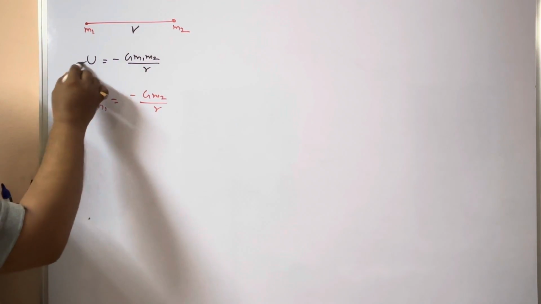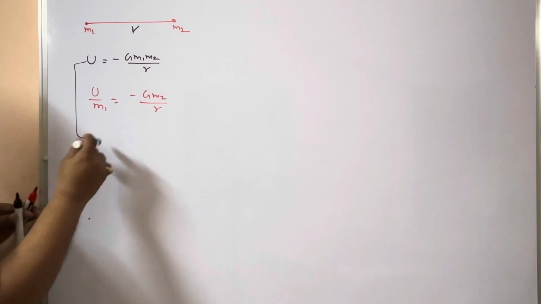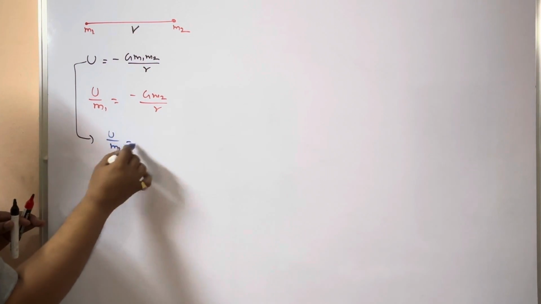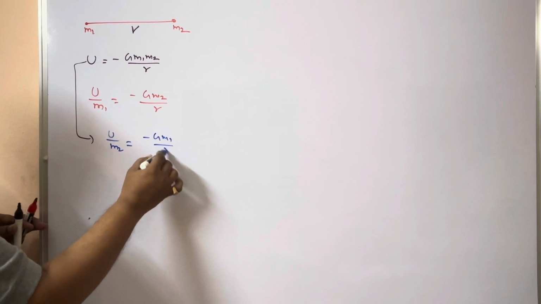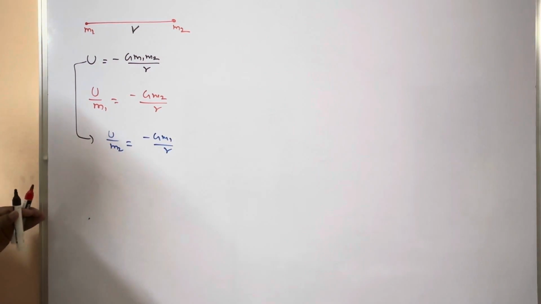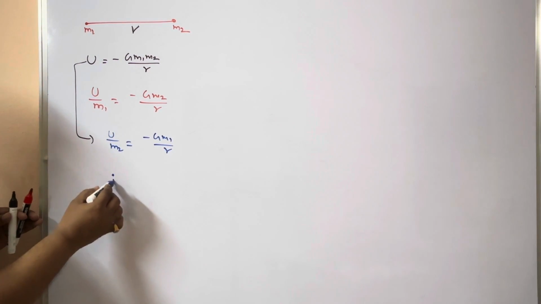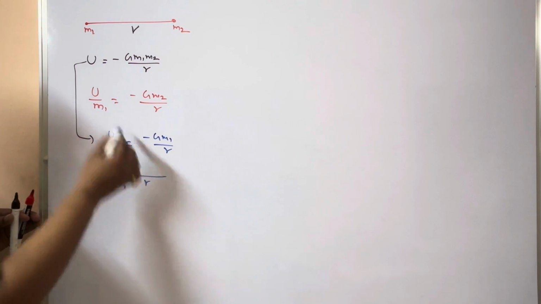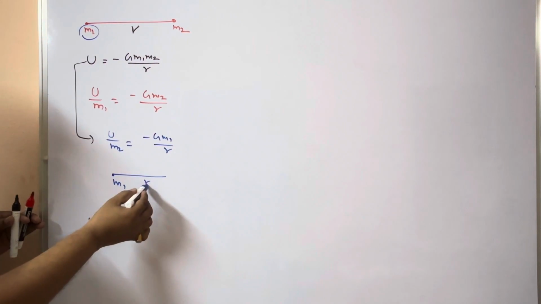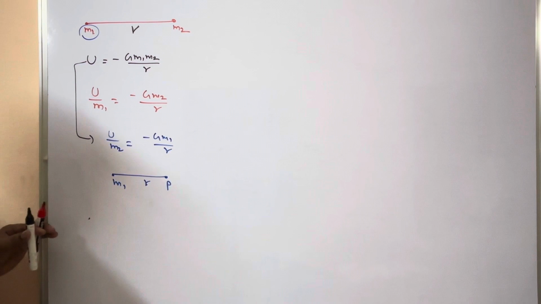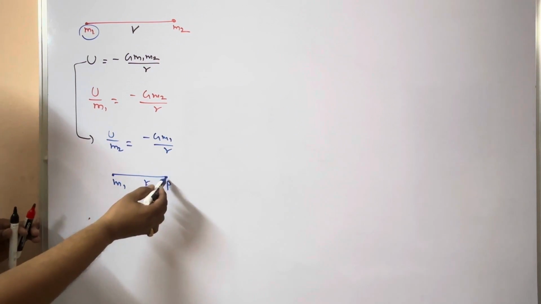Otherwise, from this equation, if you write U by m2, it is minus G m1 by r. If you are taking mass m1 at a distance r, at this point P, what is the gravitational potential?